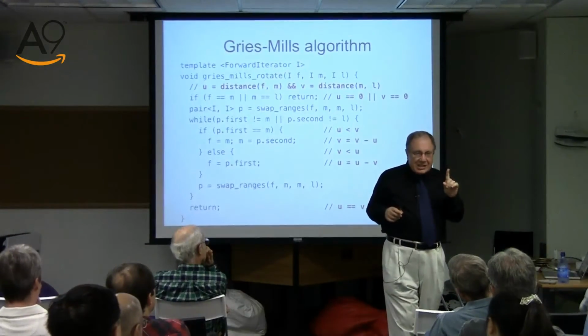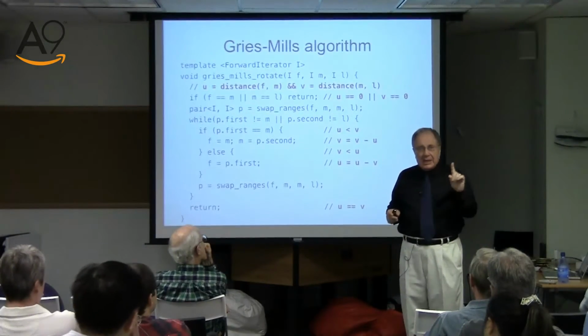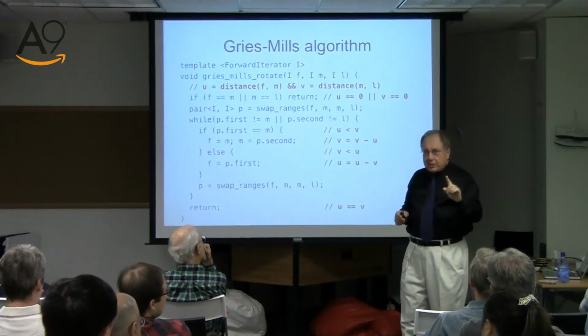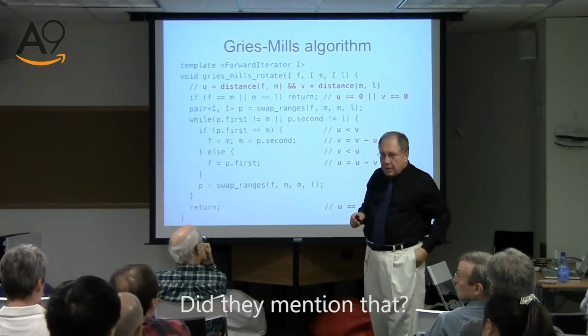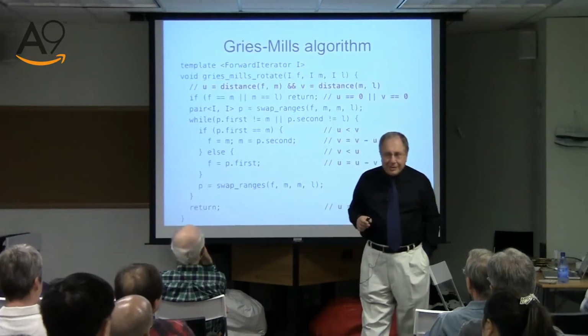But the fact that it is subtractive GCD is of great importance, as we shall see. Did they mention that? Yes, they did. They were good. They didn't quite see all the consequences, but they did observe that it works like subtractive GCD.